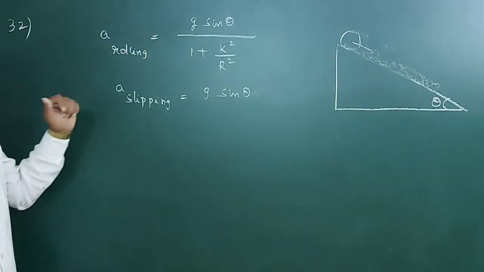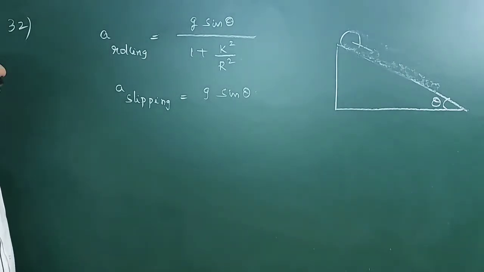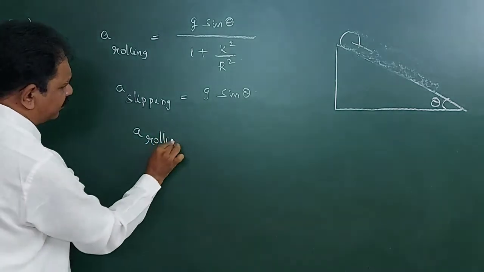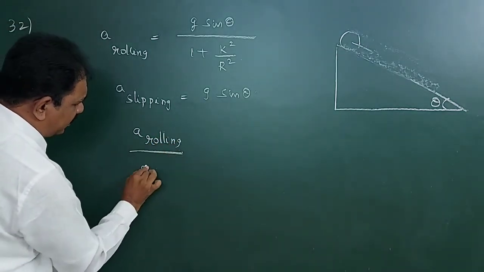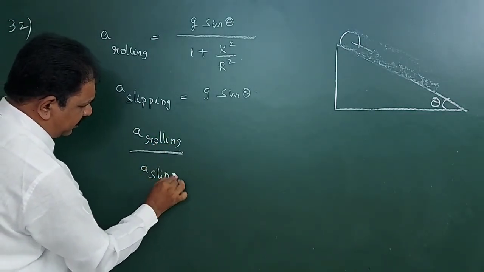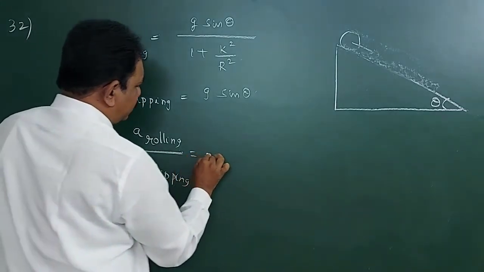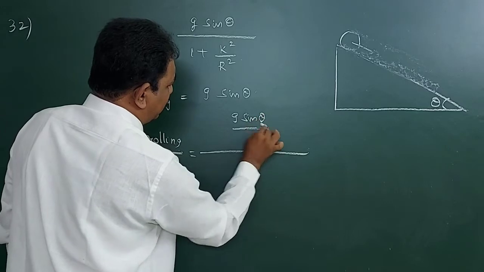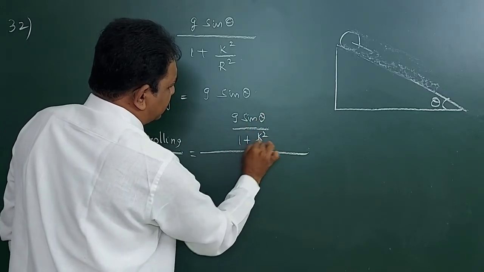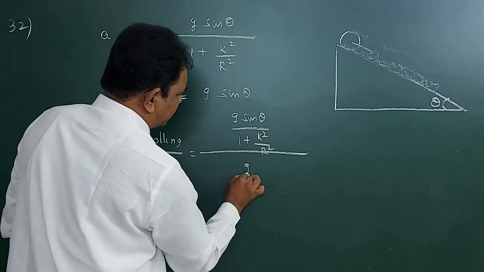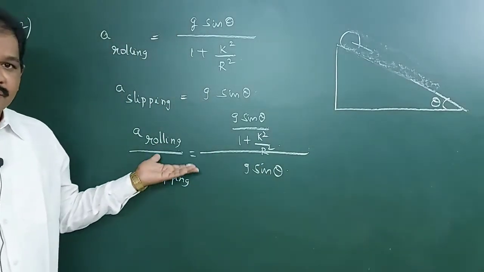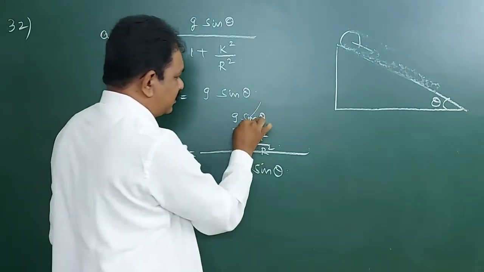The ratio of these two is what? A rolling divided by A slipping. So this value is g sin theta by 1 plus K square by R square, divided by g sin theta. G sin theta will cancel.